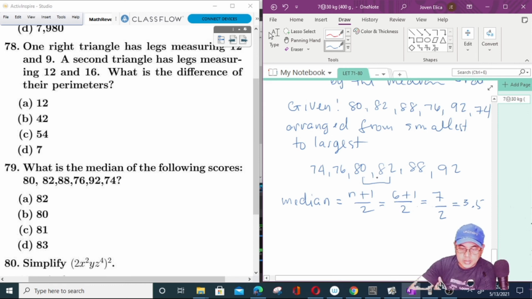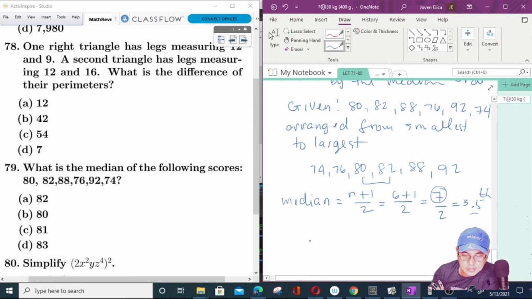To get the median of these two centered numbers, we use 3.5, in between the third data.